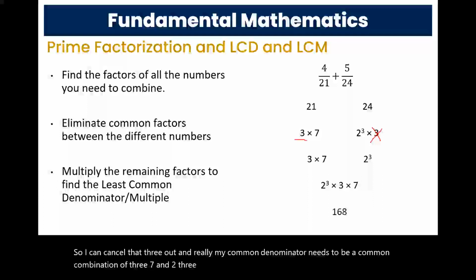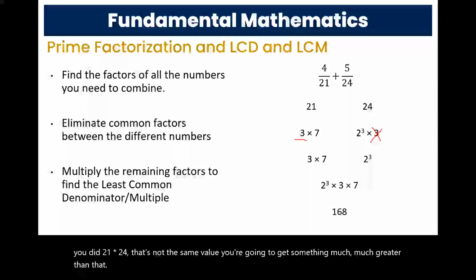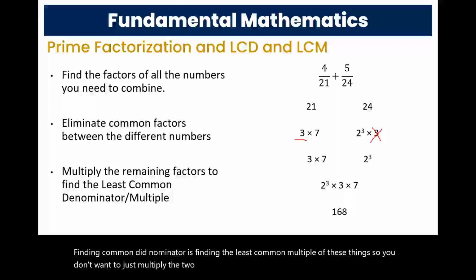So I should have 168 as my common denominator. If you did 21 times 24, that's not the same value. You're going to get something much, much greater than that. So finding the common denominator is finding the least common multiple of these things. You don't want to just multiply the two denominators together because that gives you larger numbers, and larger numbers are generally harder to work with.